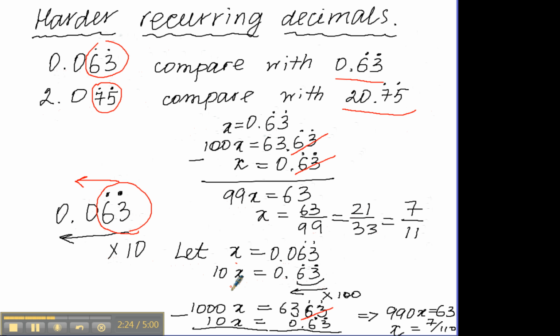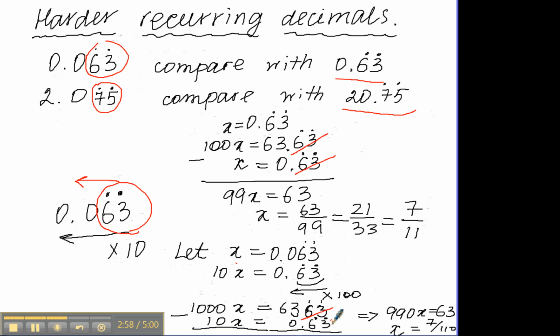So now we just have 10x equals 0.63 recurring, but we know how to deal with this problem, right? So we multiply by 100 both sides. 10x times 100 is 1000x, and it is equal to 63.63 recurring. Subtracting 10x, because 10x is exactly 0.63 recurring, my 63 recurring part will go away.